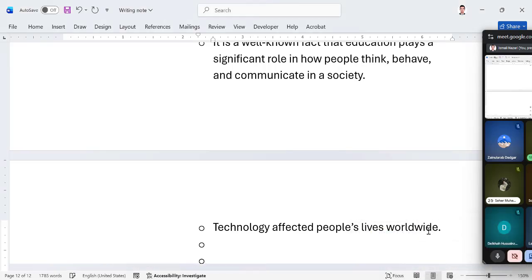What is this? Very general statement. Now, in the connecting part of the introductory paragraph, we have to mention how it affected, and then we specify the main topic and thesis statement.